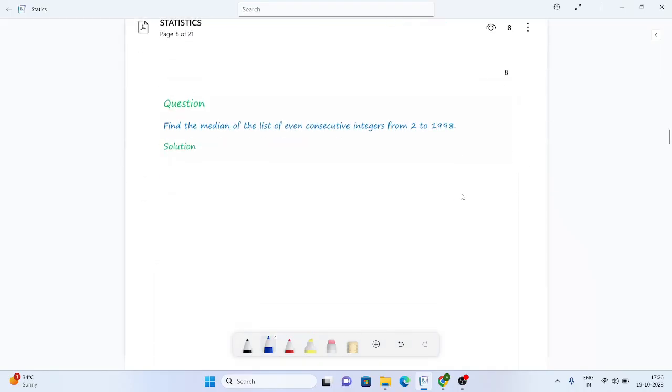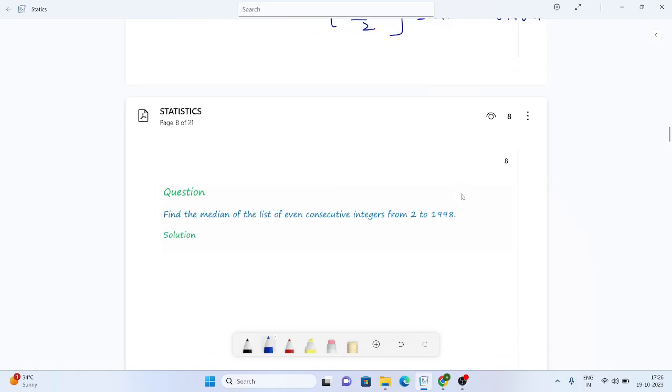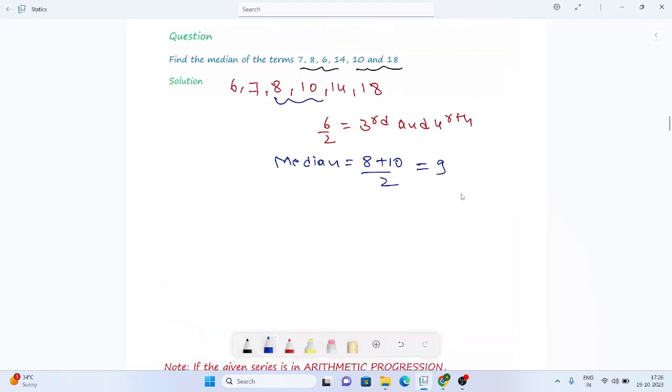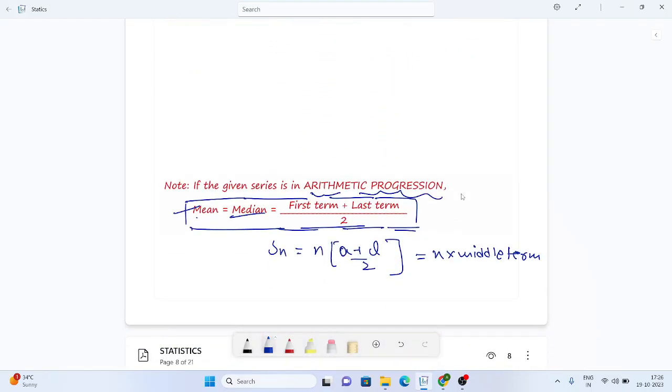Now let's say, find the median of the list of even consecutive integers from 2 to 1998. Right? Let's first take an example. If you have to find the median of 2, 6, 10, 14, 18, these are in AP because the common difference is 4.